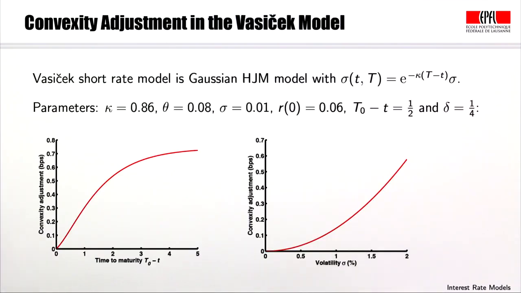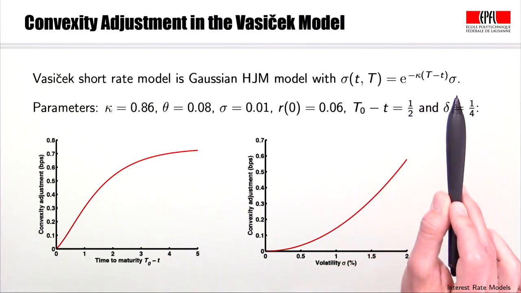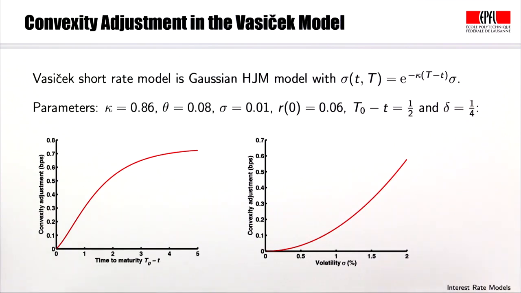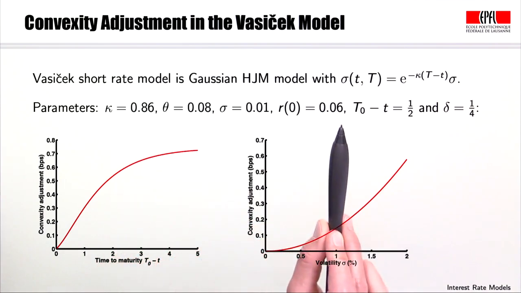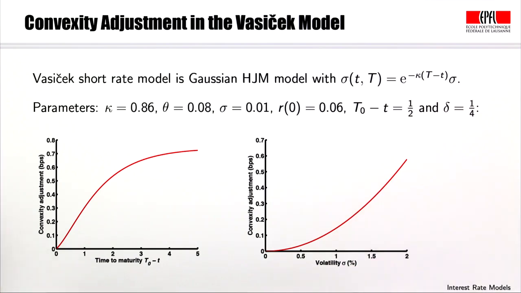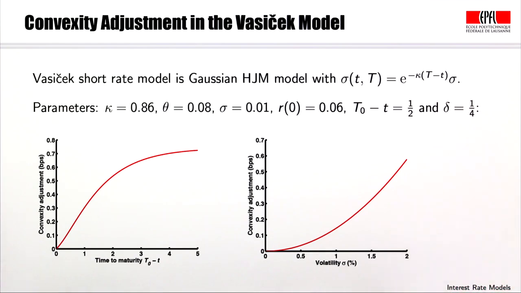Recall that the Vasicek short rate model is a Gaussian Heath-Jarrow-Morton model with this volatility function. We now compute the convexity adjustment for the parameters as shown here, for the futures and forward rates written on a 3 months simple spot rate.